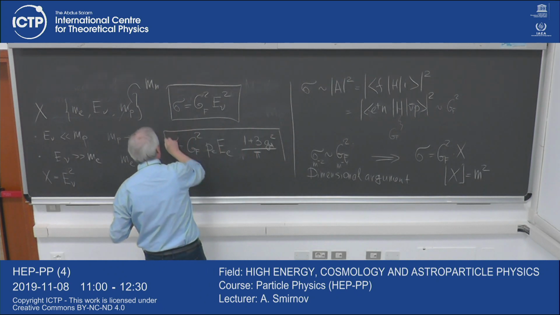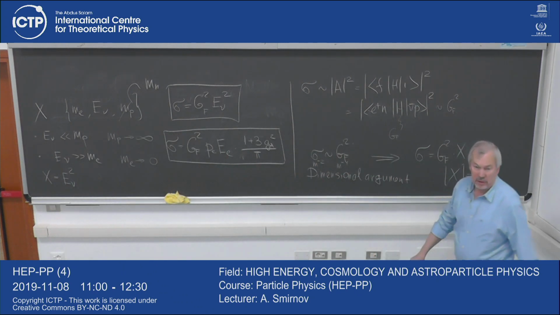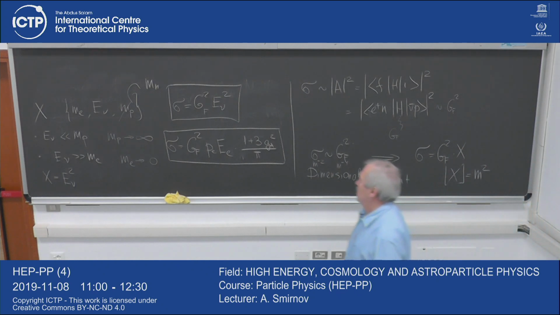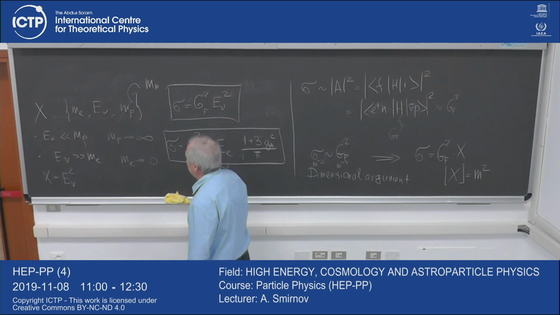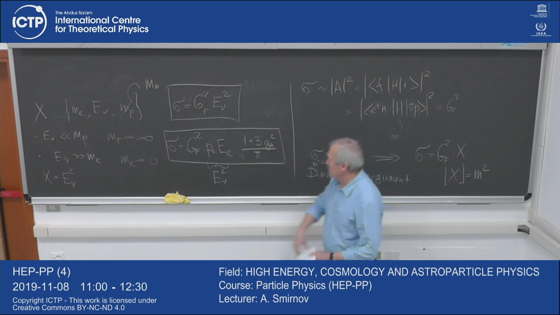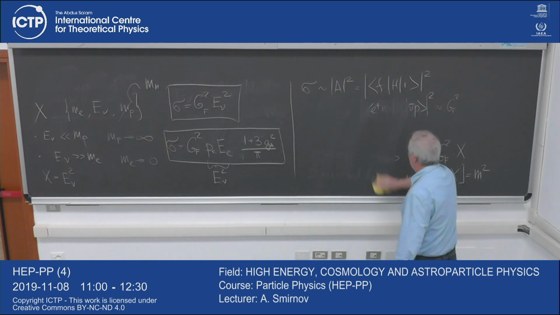So this is the result of exact computations in the lowest order. That is approximately the energy of the neutrino squared, if you neglect the difference, and I will explain what we neglect a little bit more.